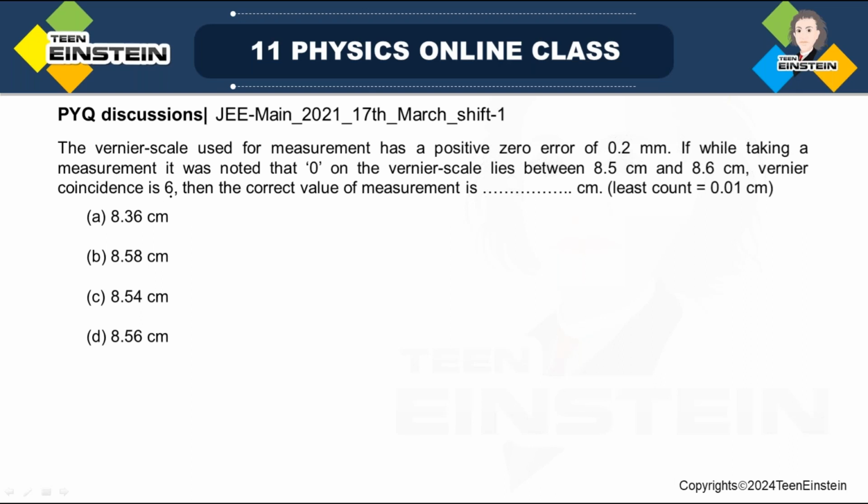If while taking a measurement it was noted that 0 on the vernier scale lies between 8.5 centimeter and 8.6 centimeter, vernier coincidence is 6, then correct value of the measurement is dash centimeter.